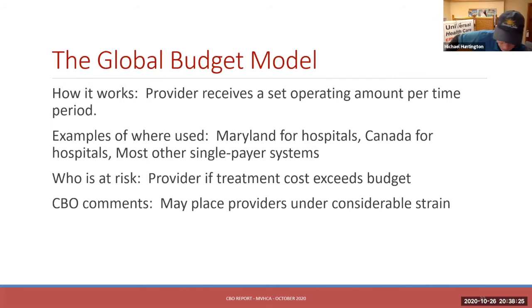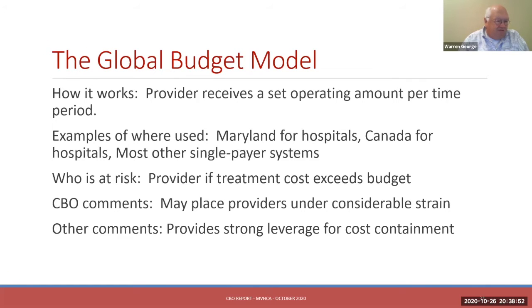The CBO notes that since most global budgets are tied to a country's GDP or to a community's income tax revenues, any rise in healthcare cost which exceeds the ability of the community to pay places a lot of responsibility on providers to choose how the limited funds will be spent.